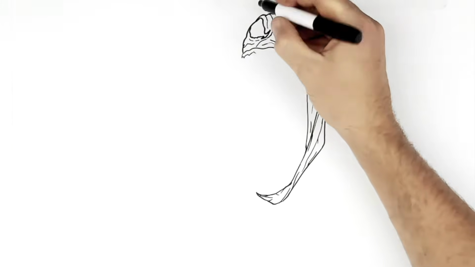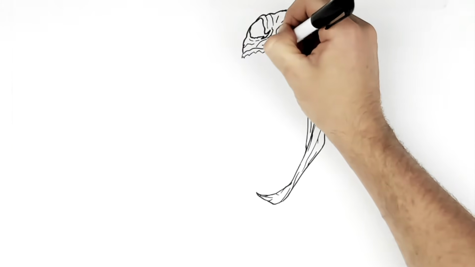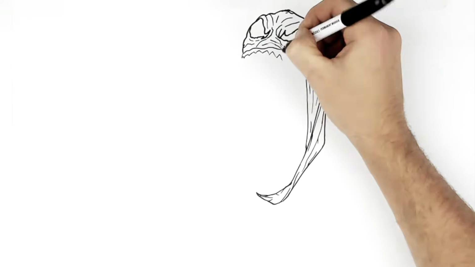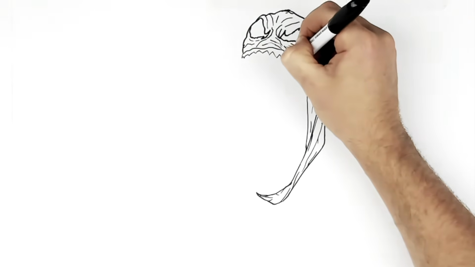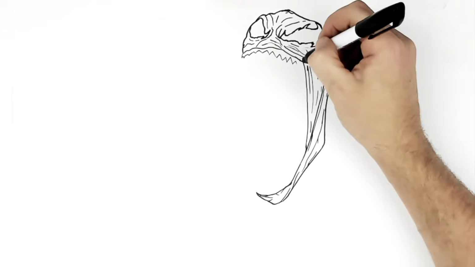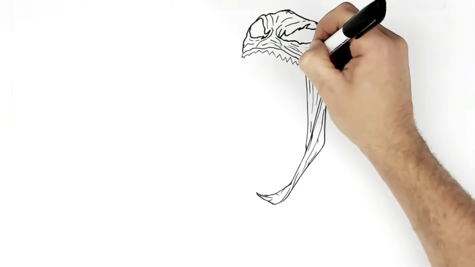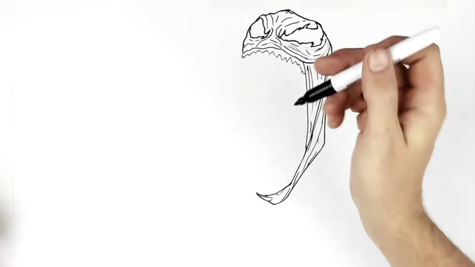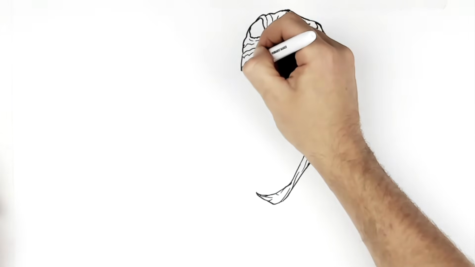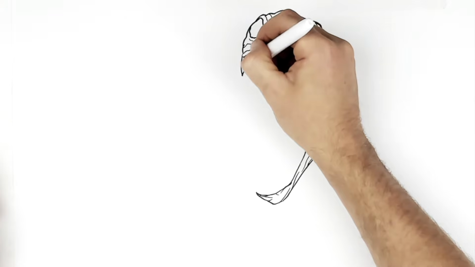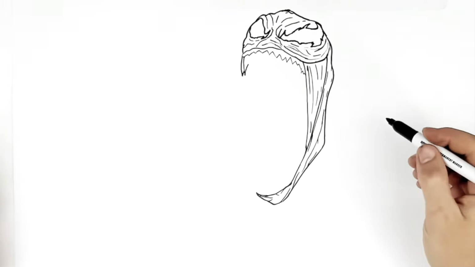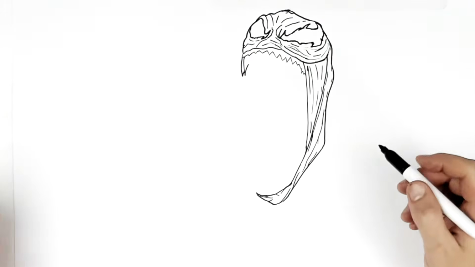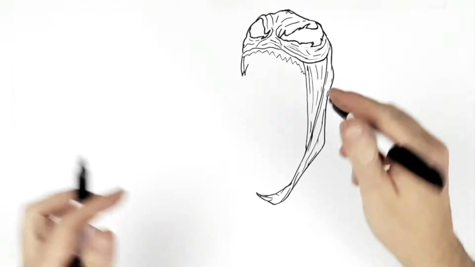So each of these will be a tooth, and you could do this kind of randomly, you know, his teeth are sort of all over the map, so don't worry if it's not exactly like mine. So each one of these will represent a tooth. Right? This kind of a thing. My chair is squeaky.